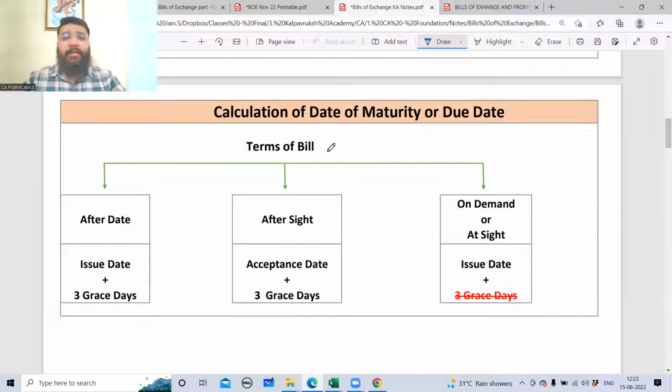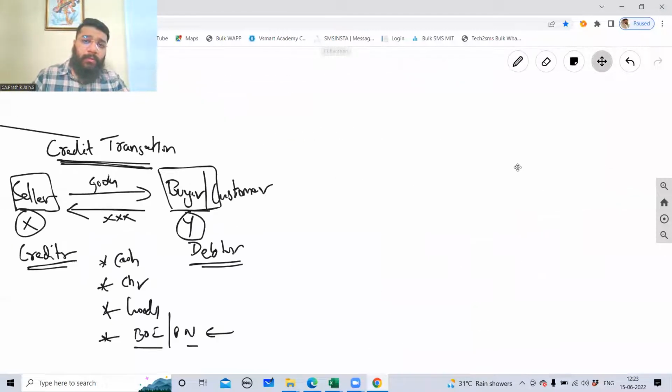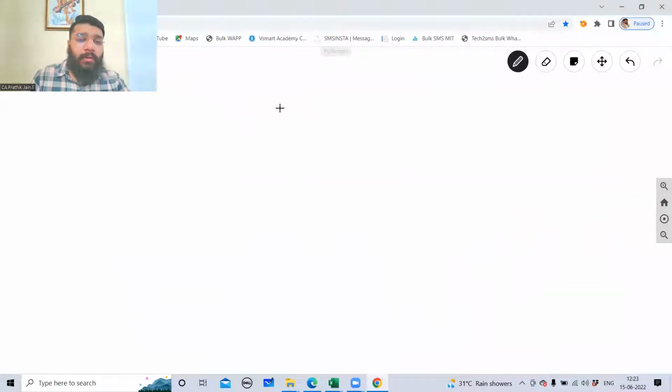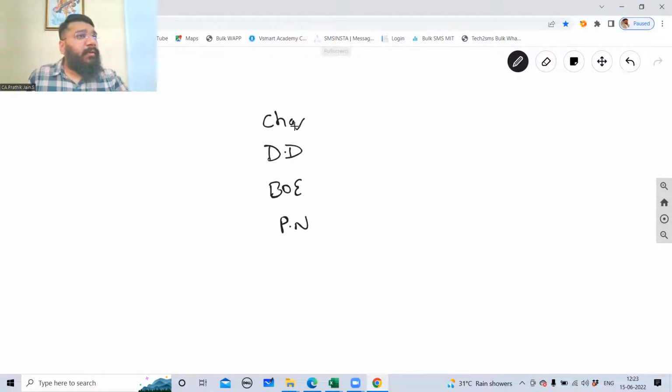Now, guys, how do we calculate the date of maturity and the due date? Now, all of you know what a cheque is.